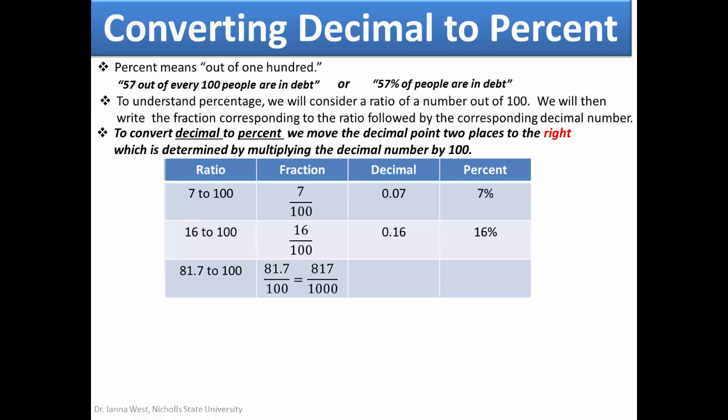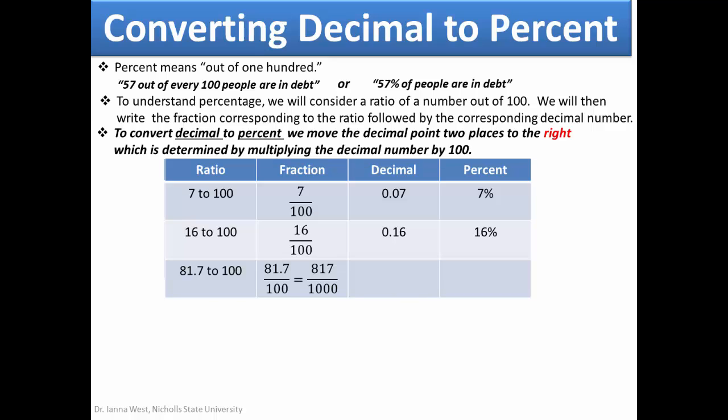In the denominator of our first fraction, 100 has an understood decimal point to the right of the number. If we move the decimal point 1 place to the right, we would use a 0 as a placeholder, giving us 1,000. So 81.7 over 100 is the same as 817 over 1,000.